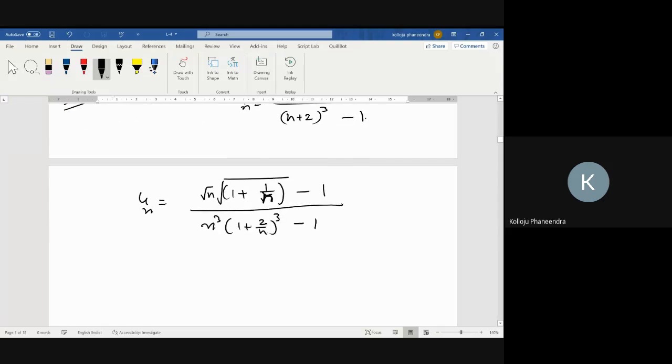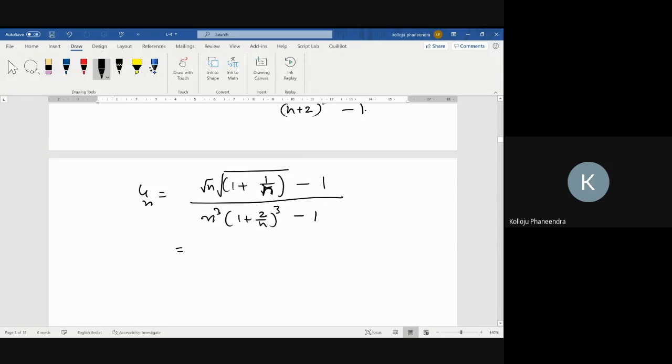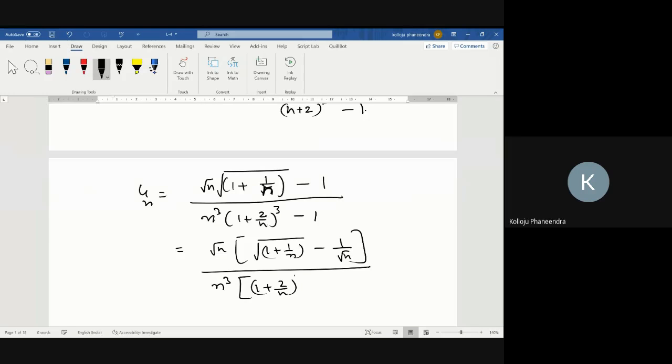Now overall, root n is common: under root of 1 plus 1 by n minus 1 by root n, whole divided by n cube common in the entire denominator, 1 plus 2 by n whole cube minus 1 by n cube.